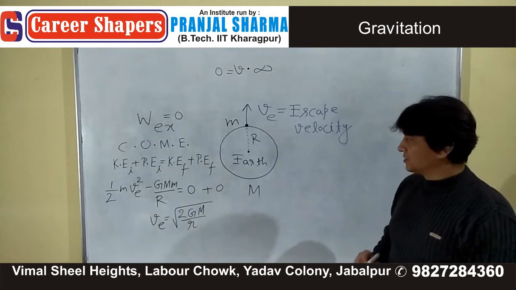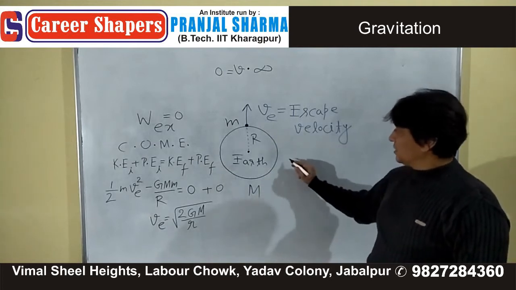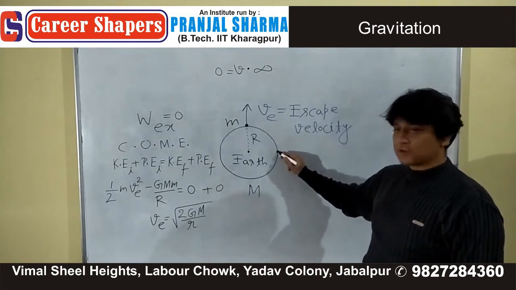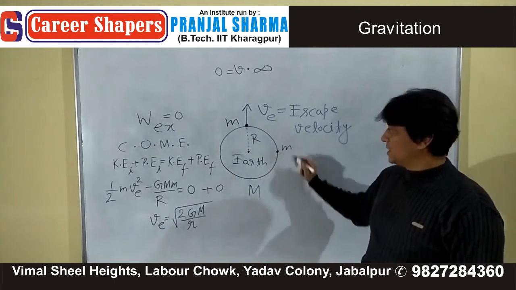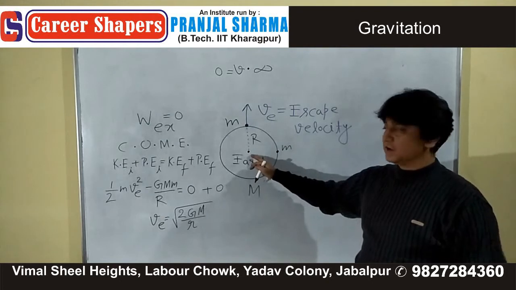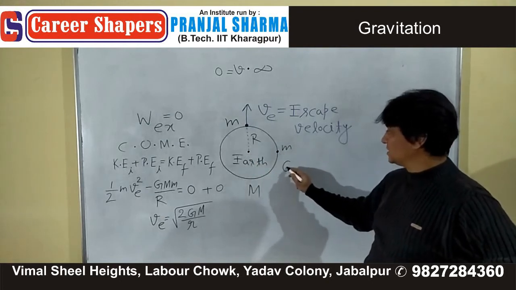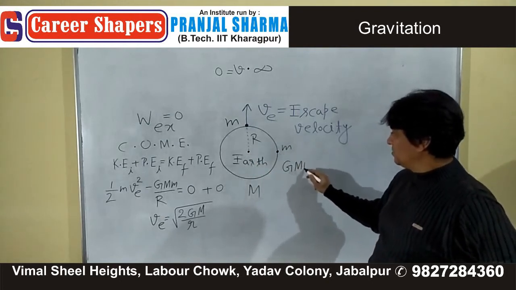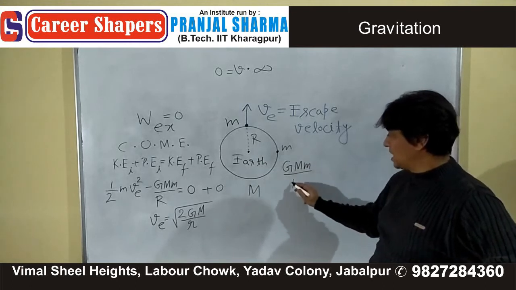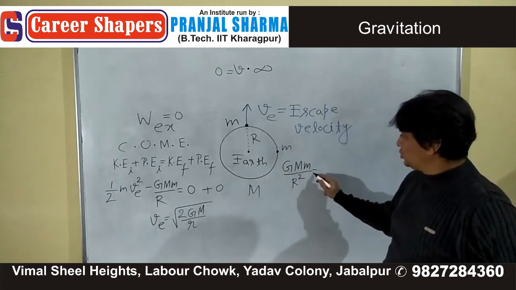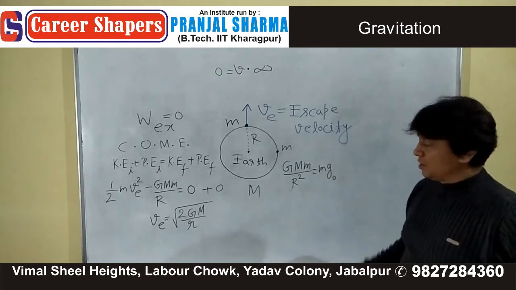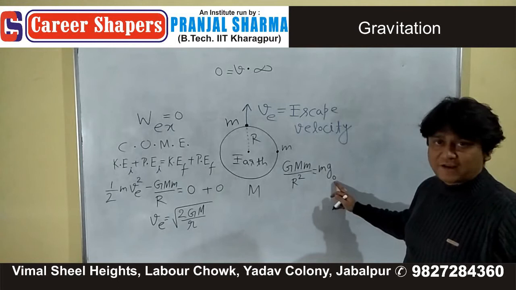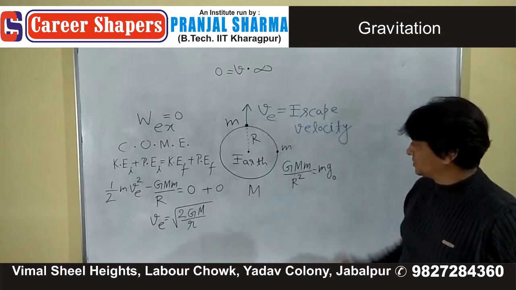Now you know that if something of mass m is on the Earth's surface, then the gravitational pull of Earth on this object is G M m divided by R square, which is called m g naught. What is g naught? The strength of the gravitational field at the surface of Earth.